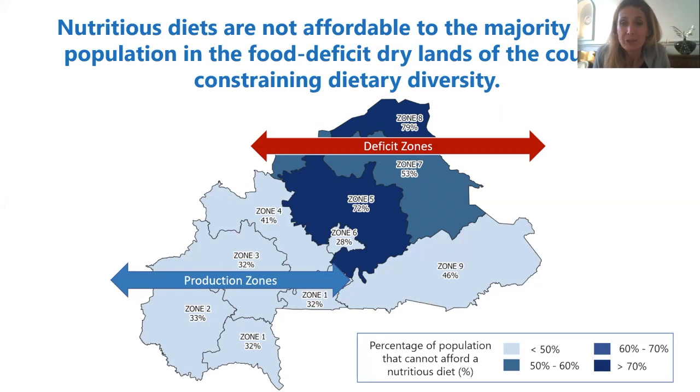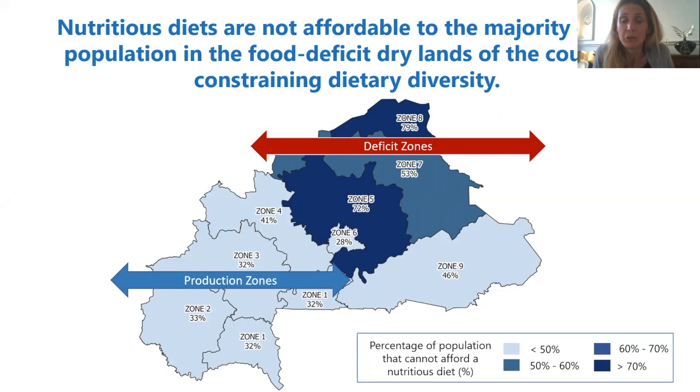When assessing the food environment in Burkina Faso, we see a very contrasted picture. The non-affordability of a nutritious diet varies between production zones and the north of the country, which are the food deficit zones.